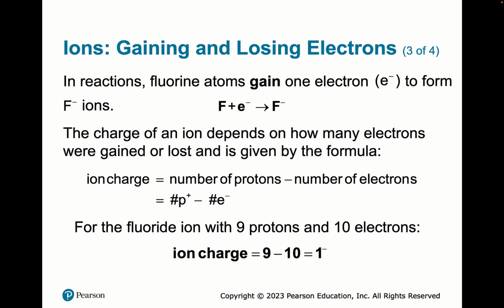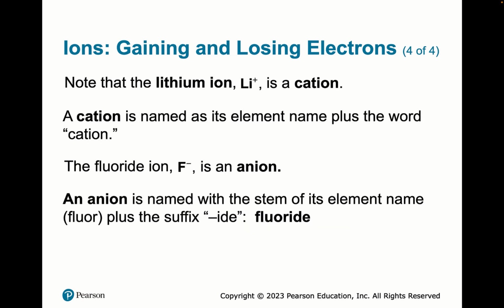And again, this is -1 relative to the charge of a proton and electron being +1 and -1 respectively, or 1.6 times 10 to the -19 coulombs if you want to be precise. So lithium plus is a cation, and the fluoride is an anion. The way that you name an anion is you take the element base name and then you put in the ending -ide.